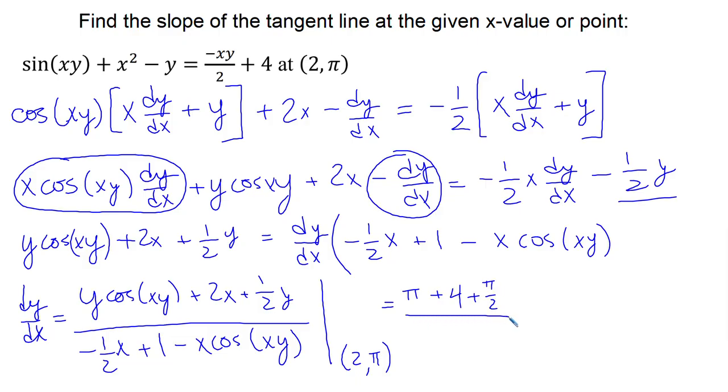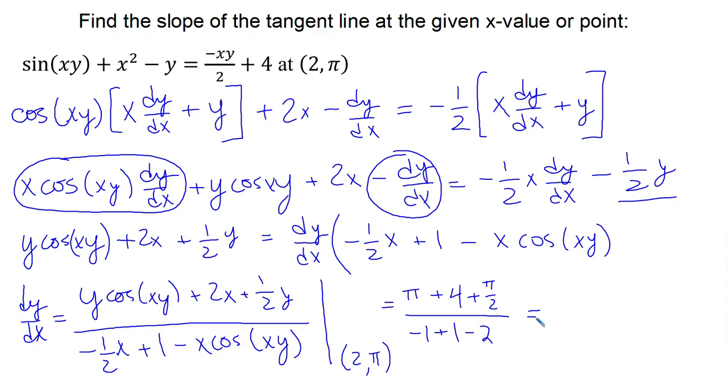And then in our denominator, we're going to have negative 1/2 of x, which is going to be a negative 1. Then we'll have that plus 1. And then we will have minus our x value, so minus 2, times the cosine of 2 pi. Well, we know that we just found, that's just 1, so we just have the minus 2 there. And now, looks like we end up with pi plus pi over 2.